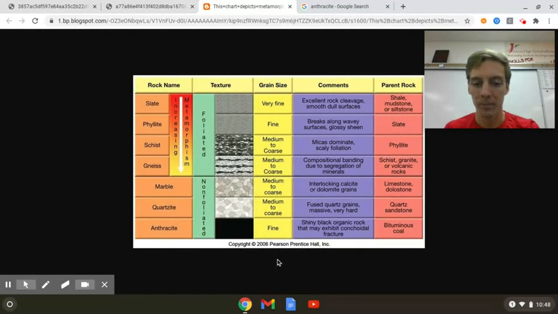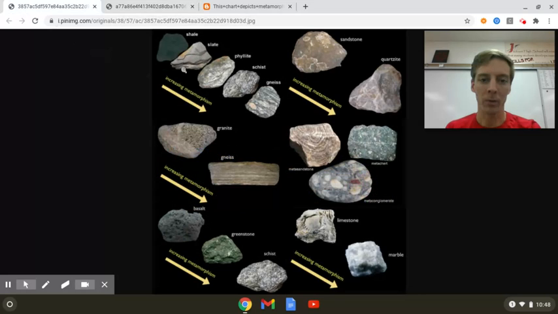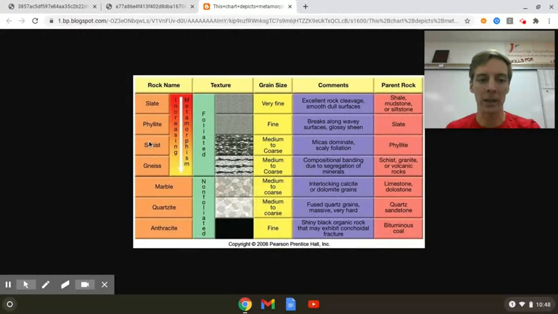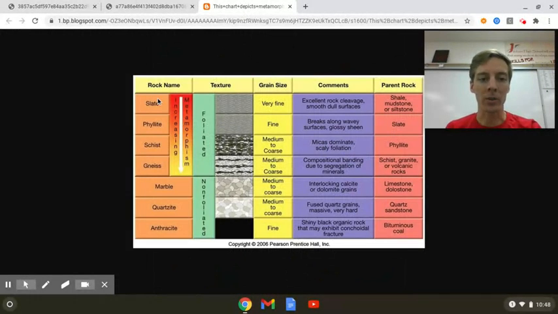All right, there are some other little things in here going on. We saw that one. We saw that one. So, real quick: slate, phyllite, schist, gneiss. So what that's saying is that this little arrow right here, increasing metamorphism, probably means either the more pressure it was under, the longer it was there, or the closer to the magma it was, the more the rock changed.